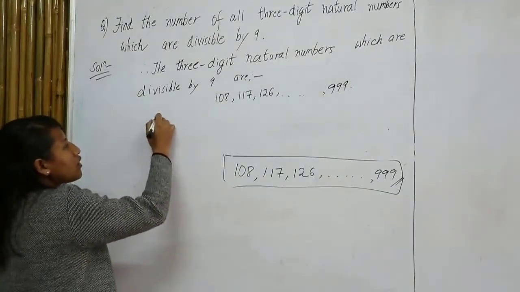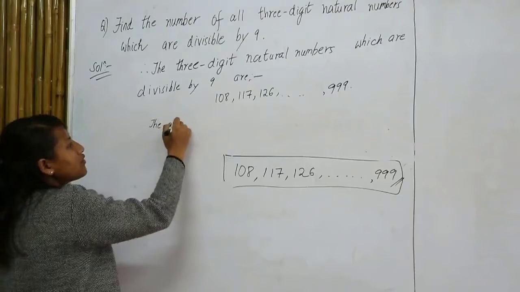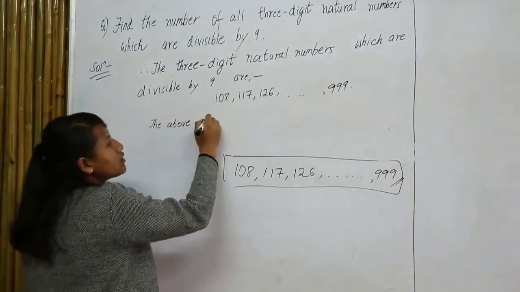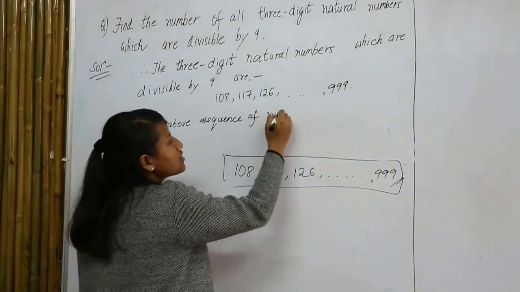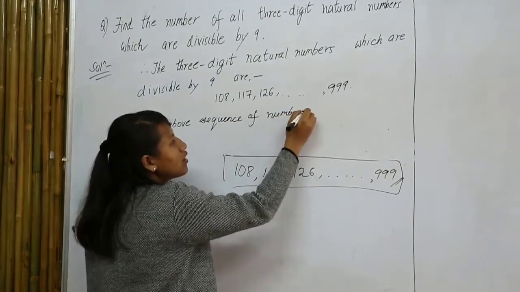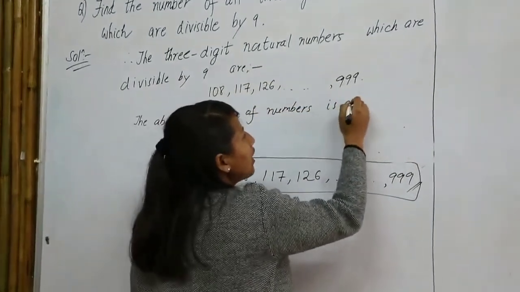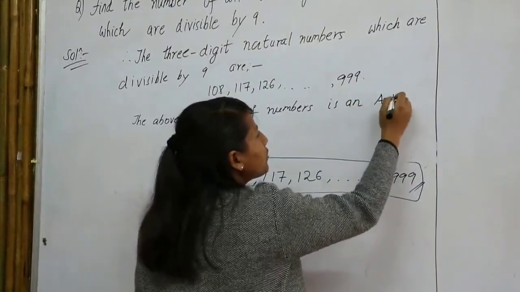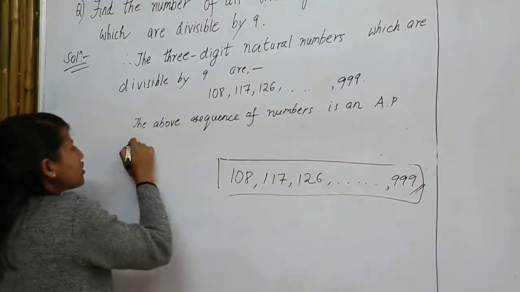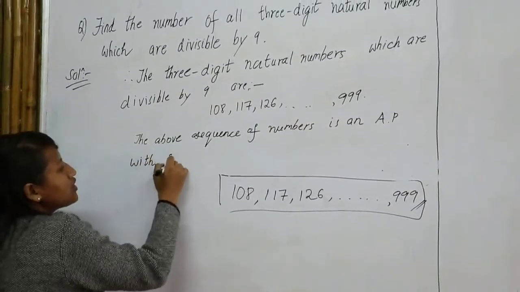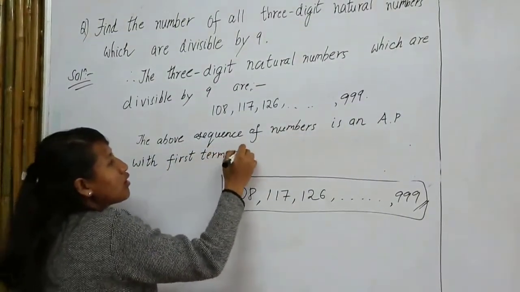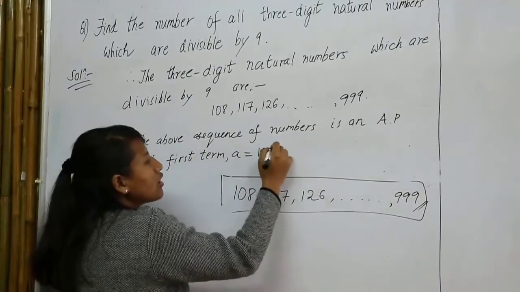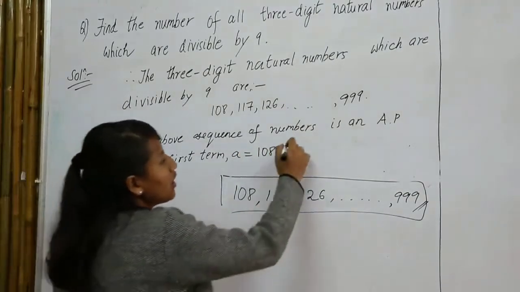Now, the above sequence of numbers is an AP. So what is the first term? First term a is 108.